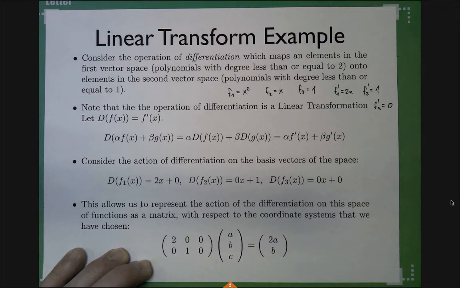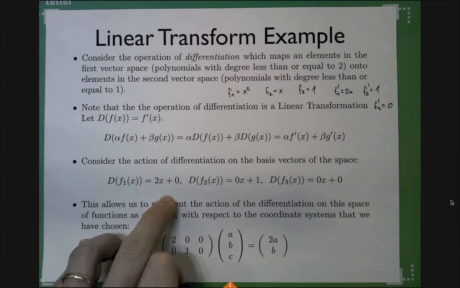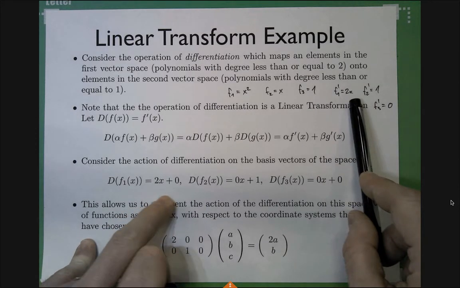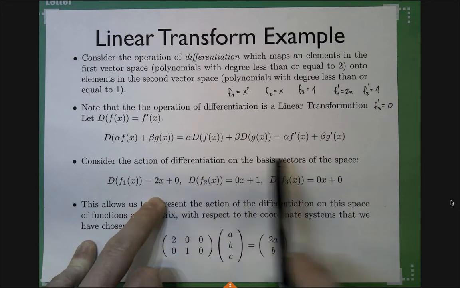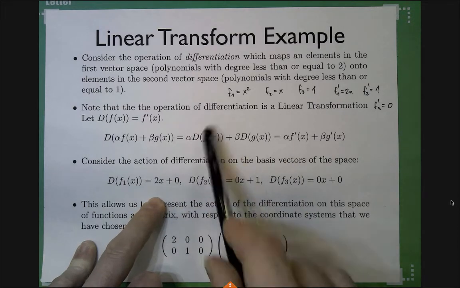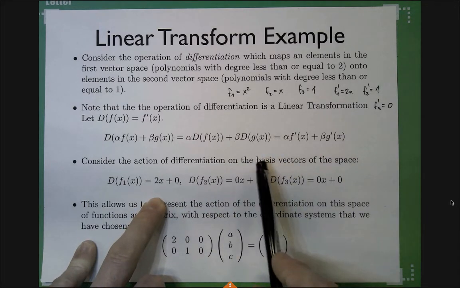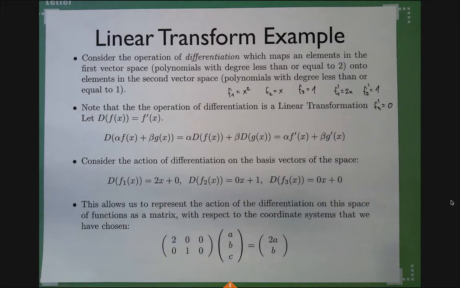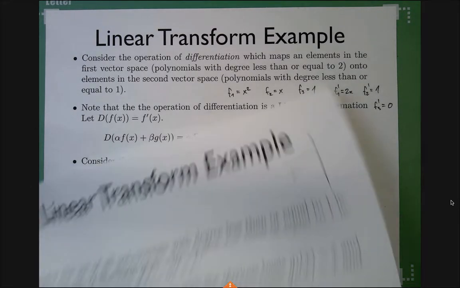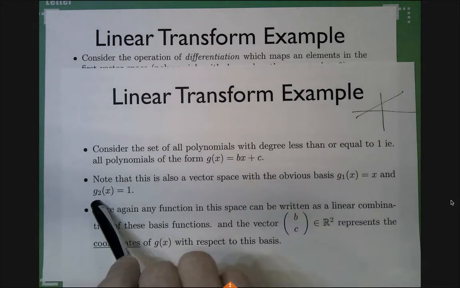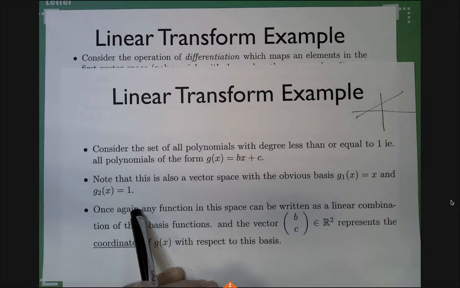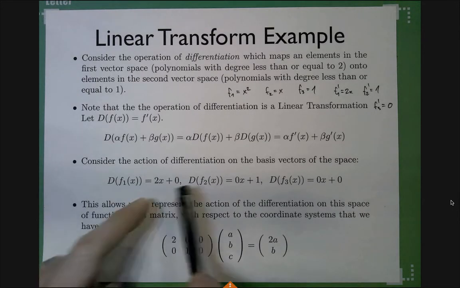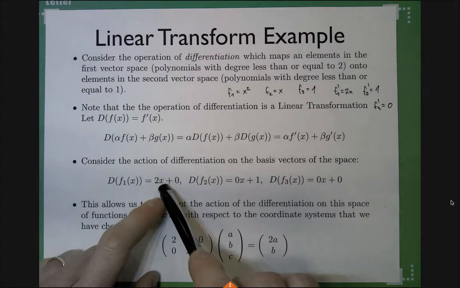Okay? So that's exactly what's written here in a slightly different notation, where I already expressed this as coordinates with respect to the basis on this space, which as I said is called g1 and g2, x and 1. So here the 2x I represent as 2x plus 0.